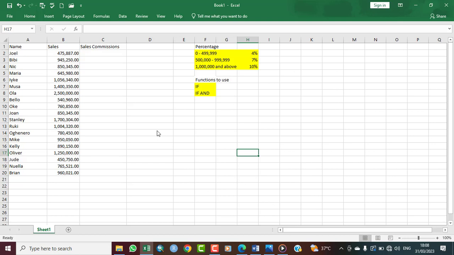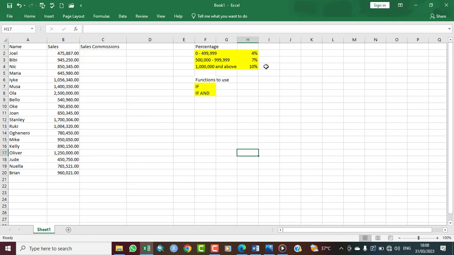So when you are calculating the sales commission of each salesman, you have to consider the percentage that's accruable to the sales amount such salesperson has garnered over a certain period. Now, let's move forward.